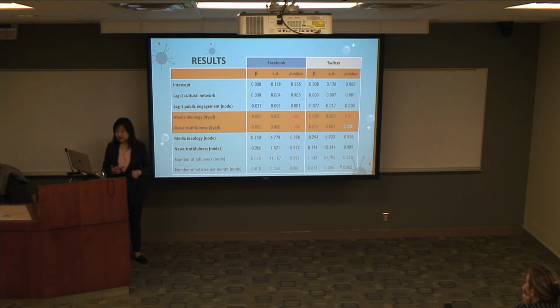Exactly like what we predicted and what we just saw in those figures, dyad level media ideology and news truthfulness are significant predictors of cultural networks or text similarities, but not node level media ideology and news truthfulness.